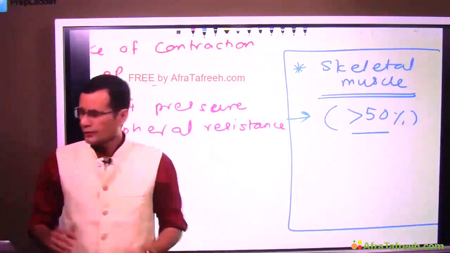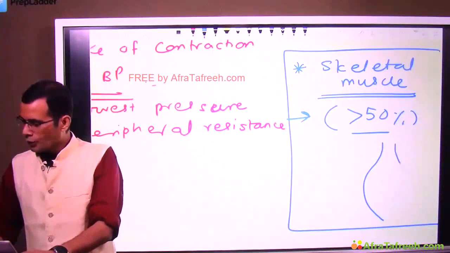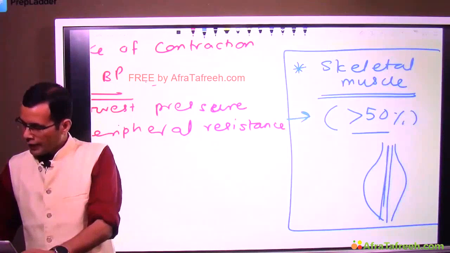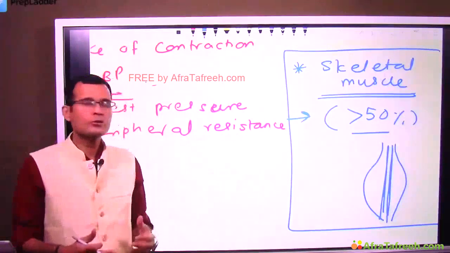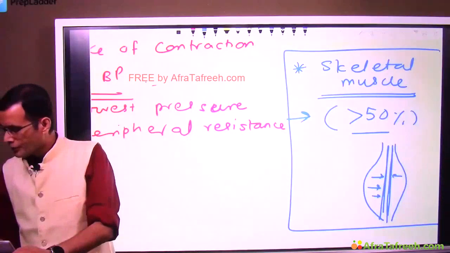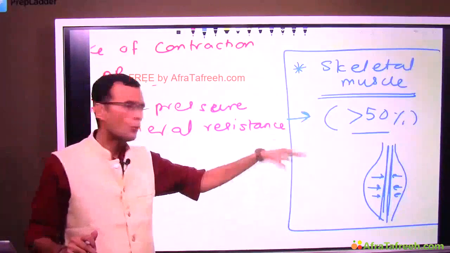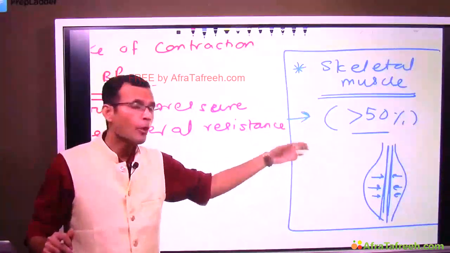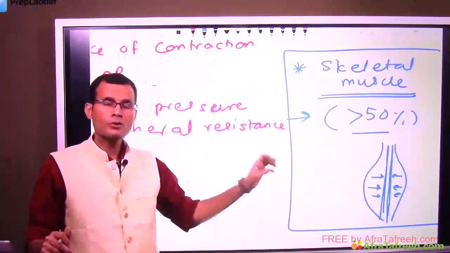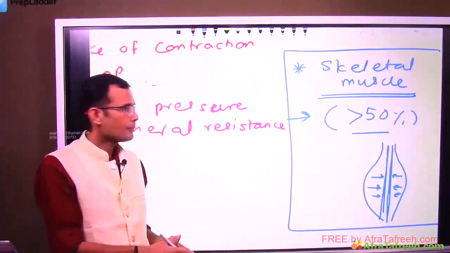And why is that? Very obvious. Look, skeletal muscle is a contractile tissue, and as it contracts, skeletal muscle is contracting all the time, so it compresses the vessels within the muscle. Within its own structure, there are blood vessels which will be compressed when the skeletal muscle contracts, and that compression, that constriction, that narrowing will contribute to the peripheral resistance.